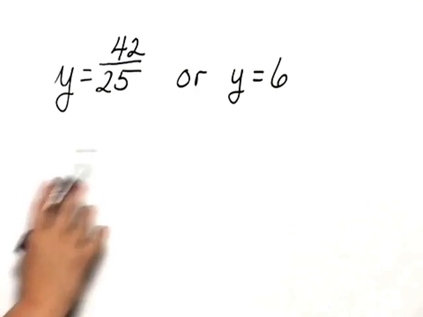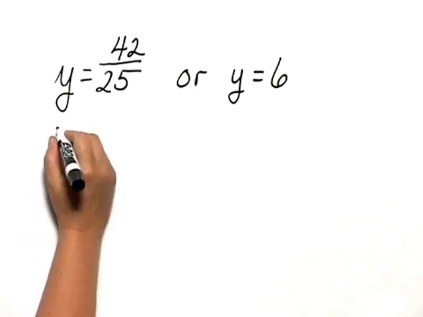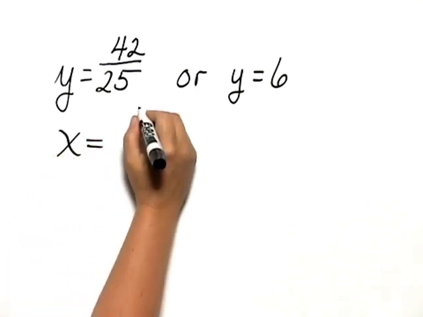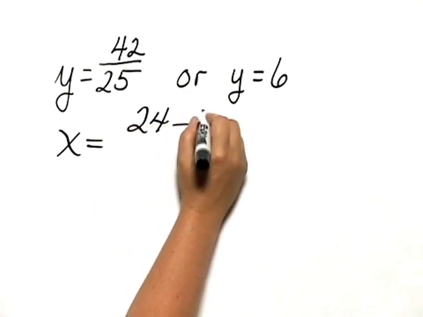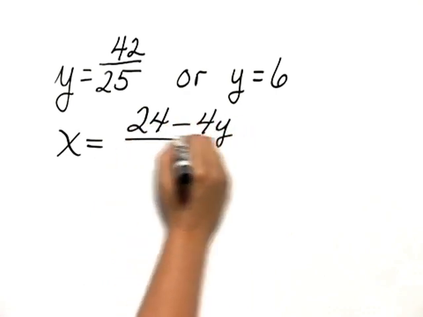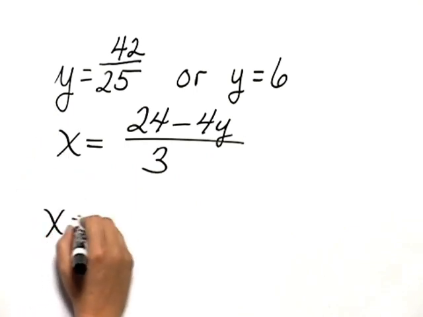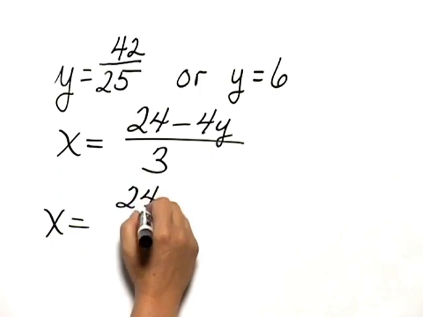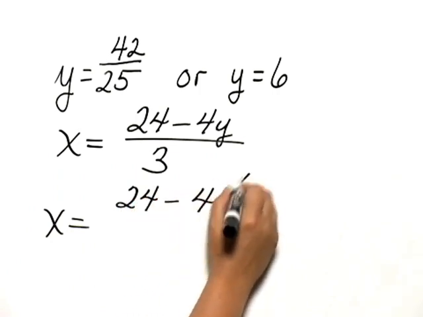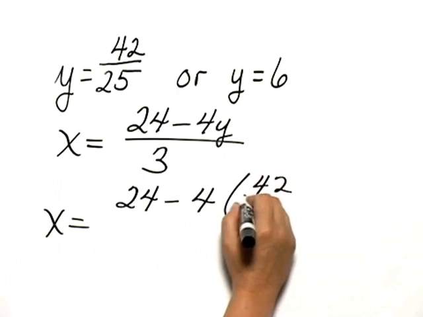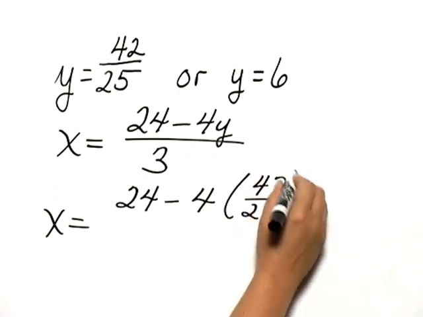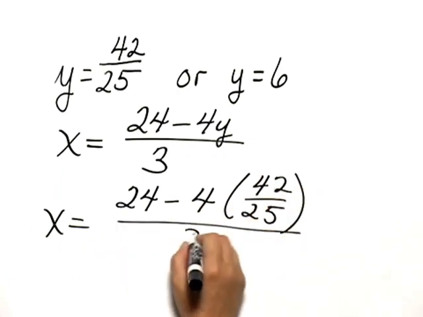So we have these two values for y, and we also know that x equals (24 minus 4y) over 3. So if y is 42/25, then x is 24 minus 4 times 42/25, all divided by 3.